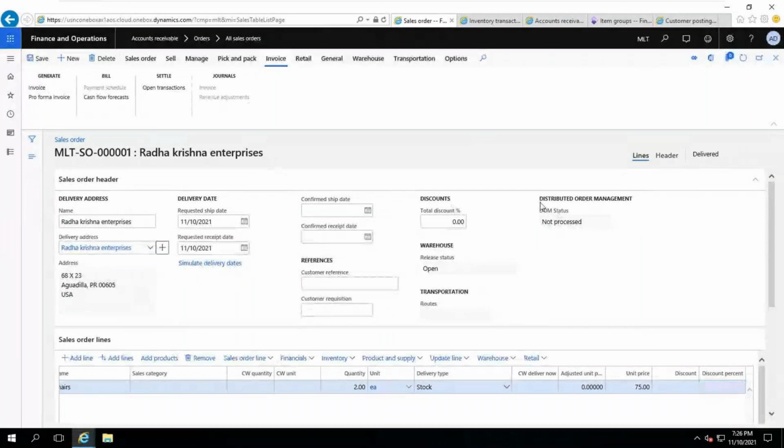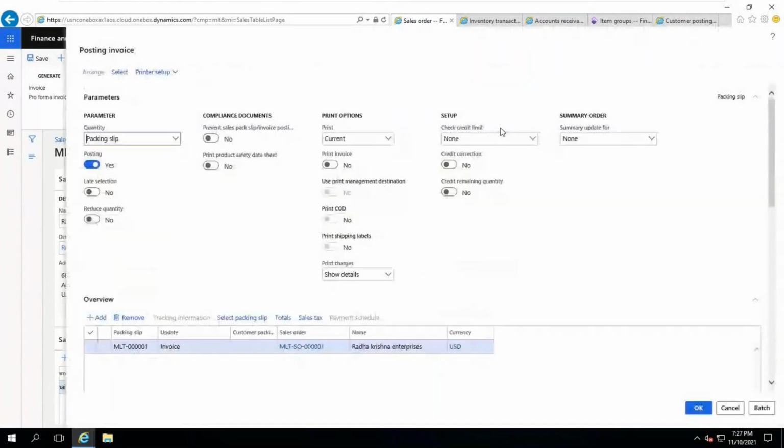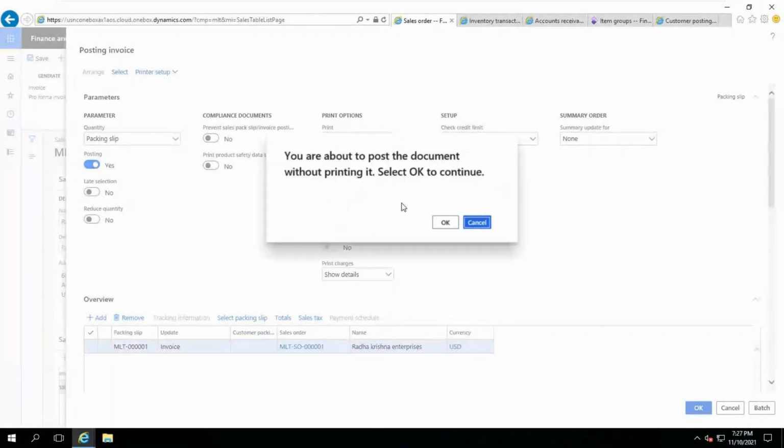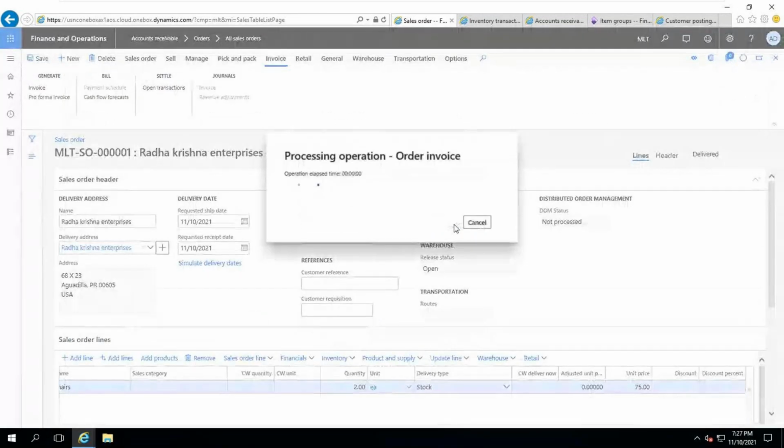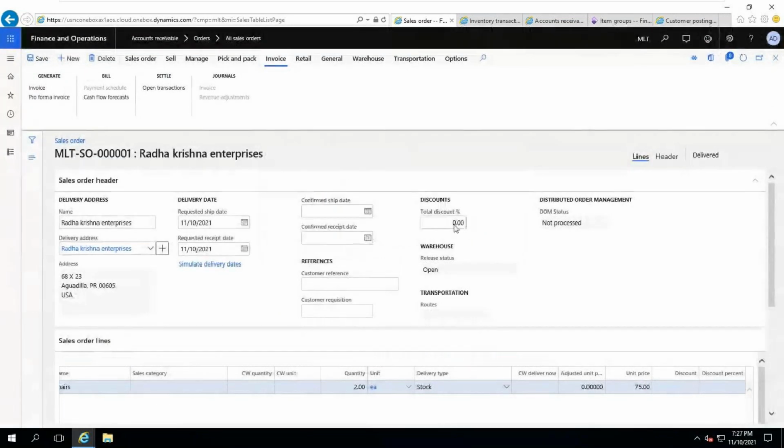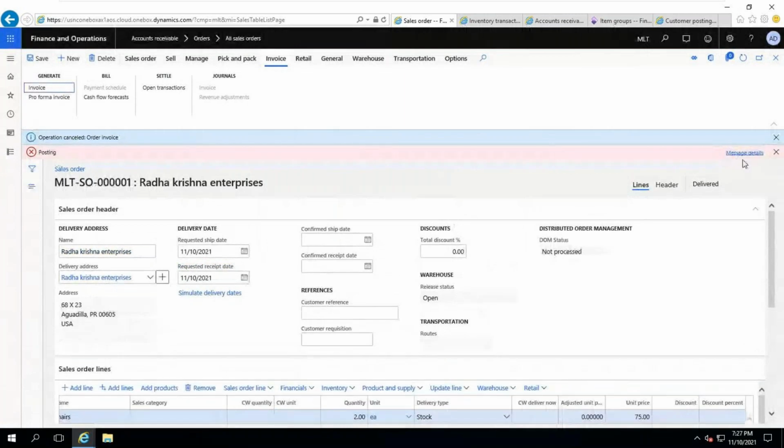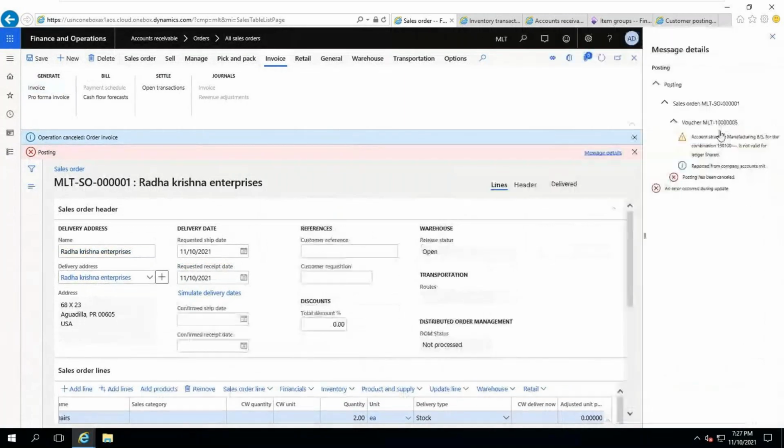Otherwise, I need to run recalculate ledger periods once again. So let me click OK. For you, don't make mistakes intentionally. Try to do positive scenarios mainly, because if you first get positive scenarios, you can understand negative scenarios later. Give me a second. Okay, give me a minute.